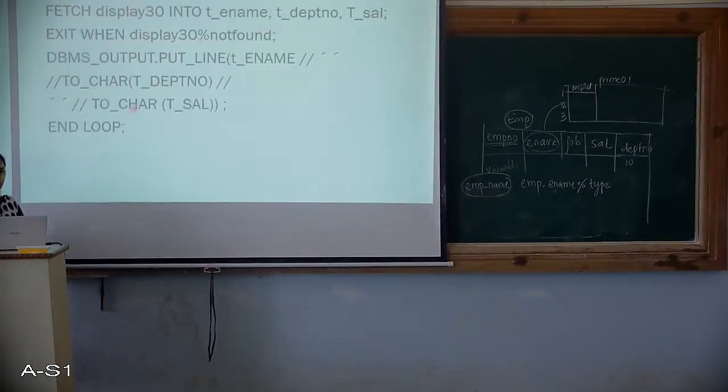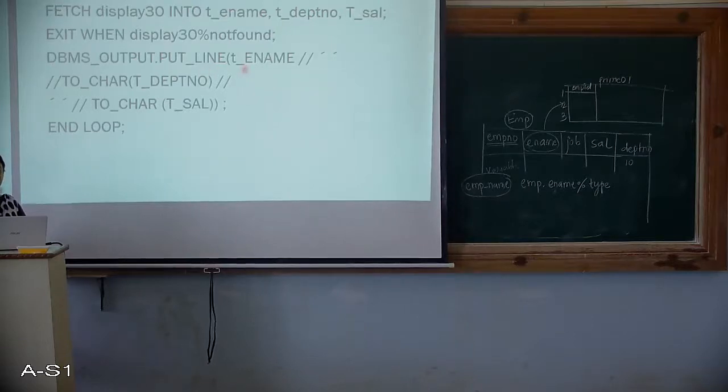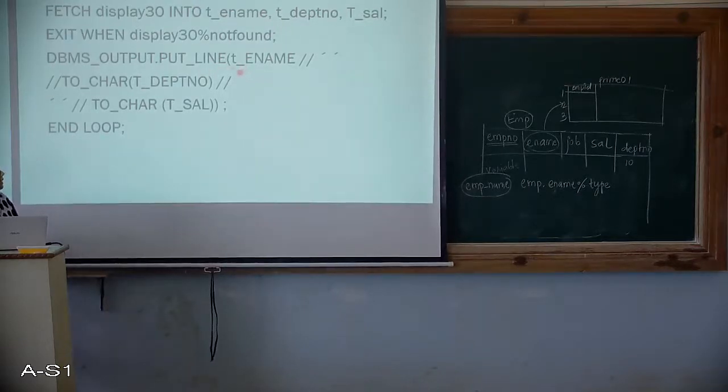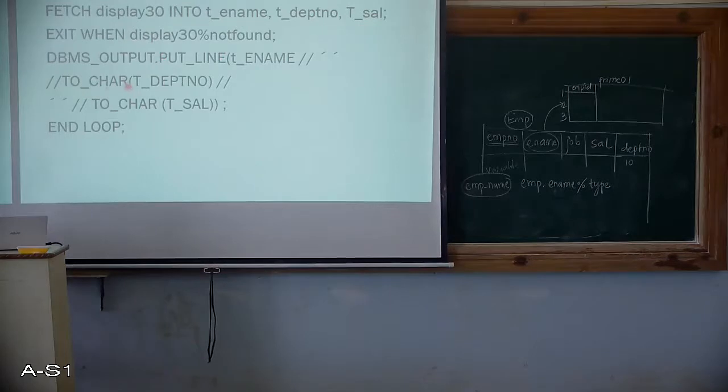So this is how it works. Similarly it has a meaning, but what is extra being shown here is DBMS output put line. This will help you display on the screen a couple of things: that is the employee name, then some space, and thereafter the data which is stored in another variable, that is being typecast with TO_CHAR, and the next variable being displayed is the department number, and then they are segregated with the double forward slashes.